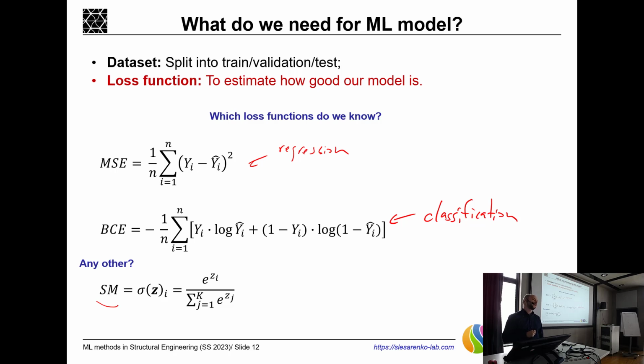Okay, the softmax. We used it for classification with multiple labels, and what it gives us is a vector. Let's say we have 4 classes, and it gives us the probability of each class. So, for instance, something like 0.98, 0.01, 0.005, 0.005.